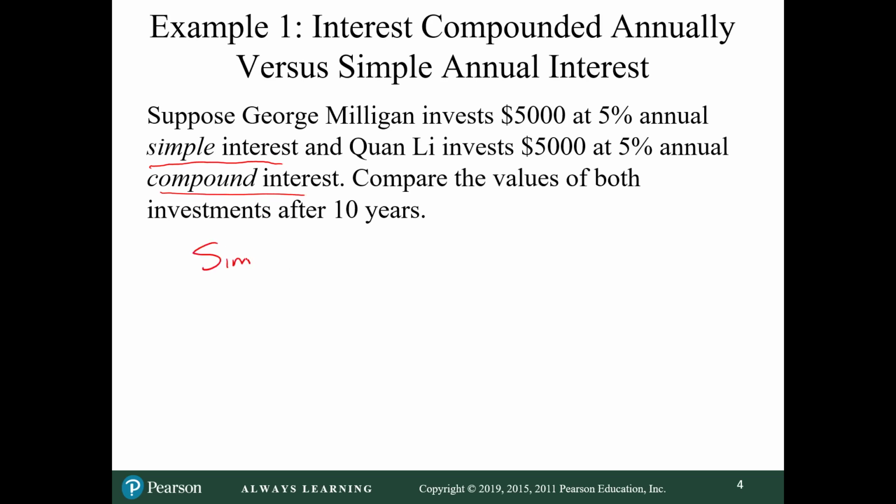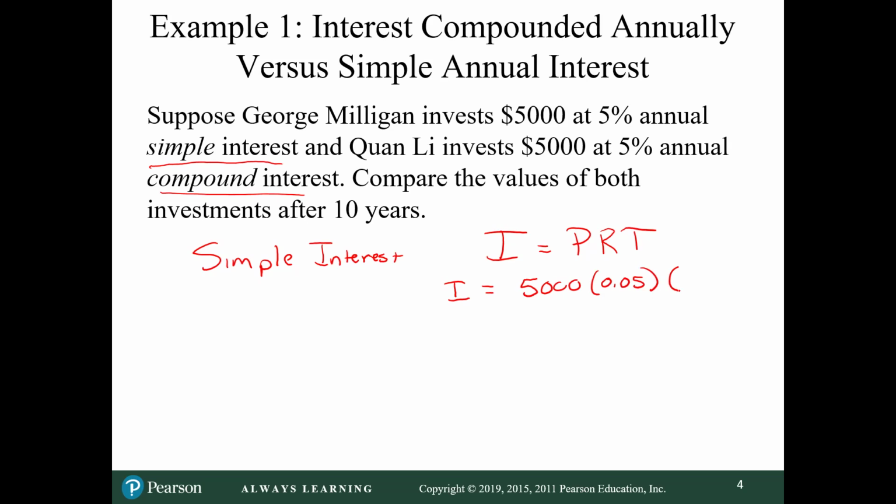Simple interest is interest equals principal times rate times time. I equals PRT. So my interest equals $5,000 times my rate 0.05 times my time, 10 years. Doing just simple interest, it doesn't compound at all.